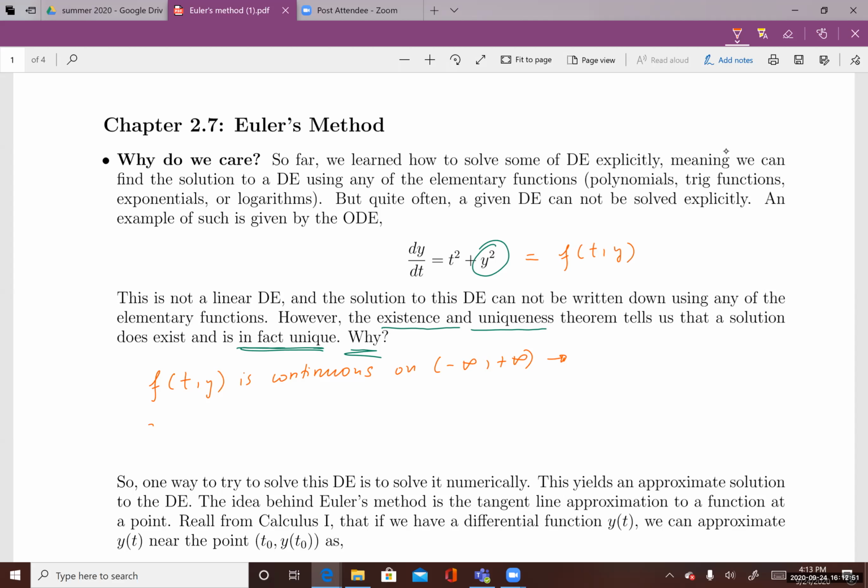And then the partial derivative with respect to y of the function f of t and y is equal to 2y. So it's also continuous everywhere, right? Negative infinity to positive infinity.